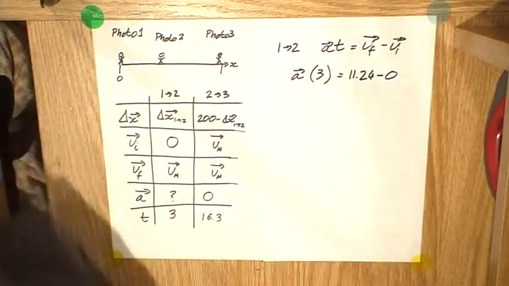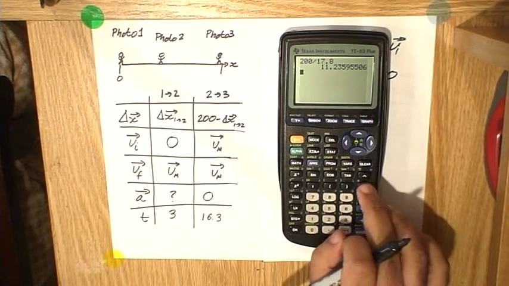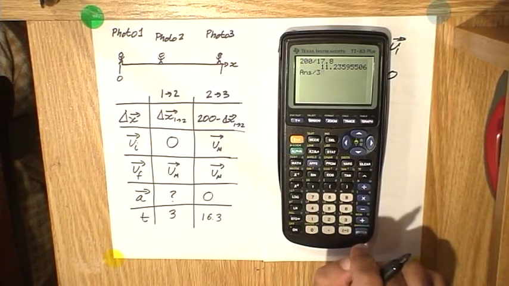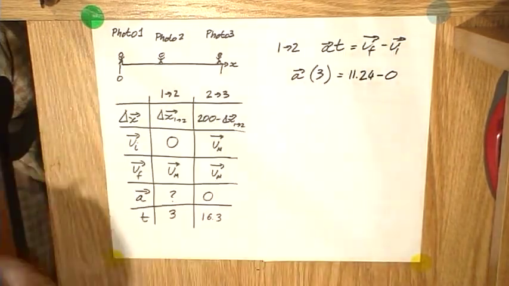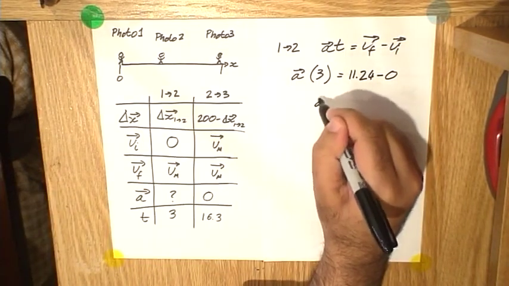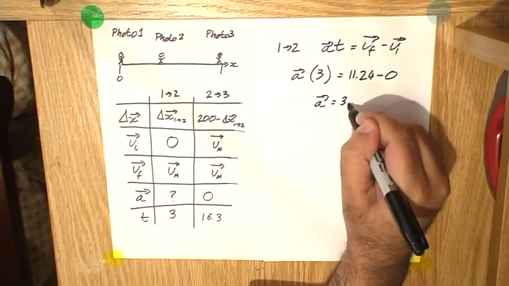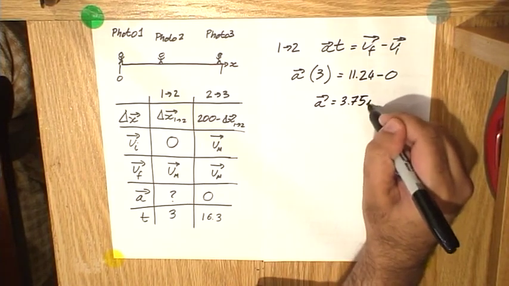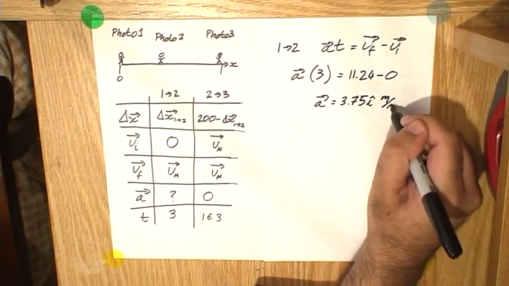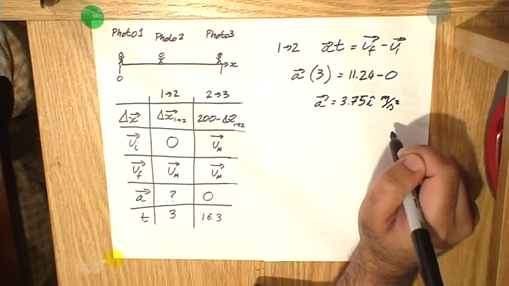So 11.24 minus 0 is, of course, 11.24, so we just need to divide by 3, and that'll give us 3.75. His acceleration is 3.75 i hat meters per second squared.